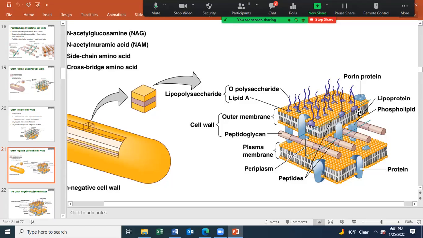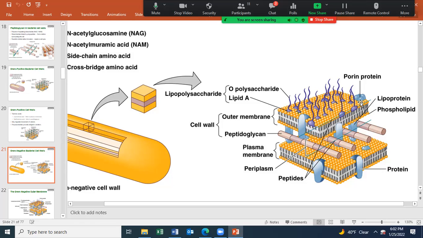There's also another protein, which is called the porin protein. And the porin protein makes a channel in the outer membrane of the gram-negative cell wall. If the cell wants a molecule to come into the cell, like glucose and an amino acid, the lipid bilayer of the outer membrane would keep those molecules from getting through.